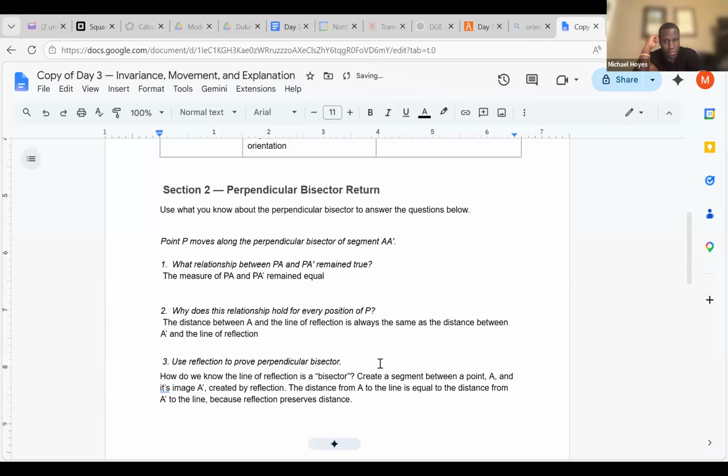Are we good there? Yeah. All right. Because those distances are the same, the line is passing directly through the middle of them. The line would partition it right in the middle, because those two distances of the segment are the same.